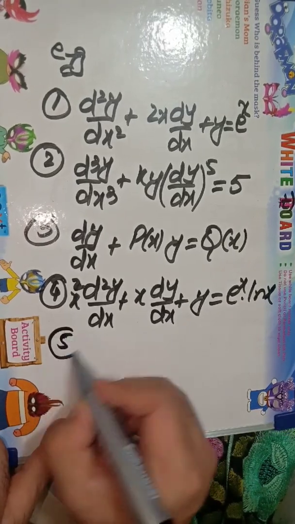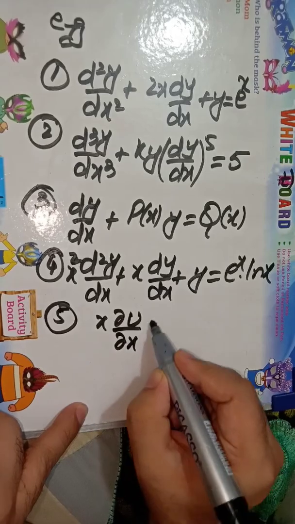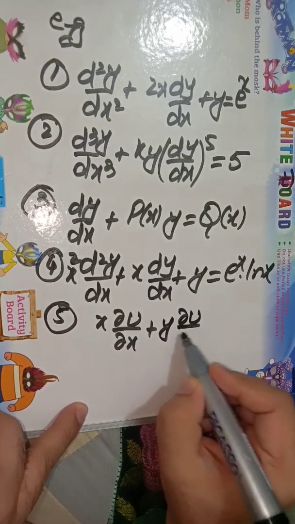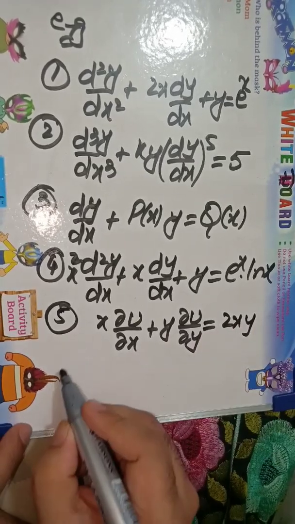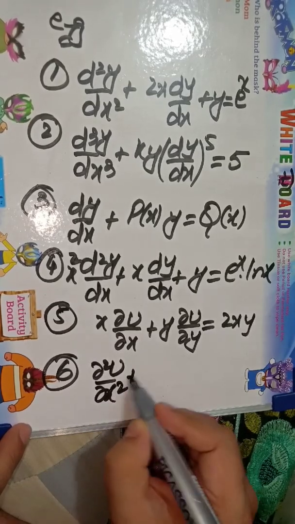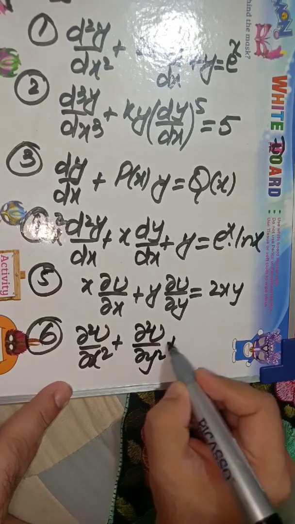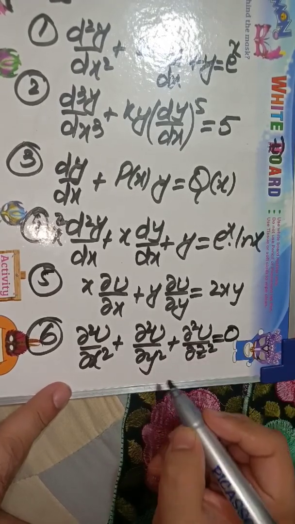Fifth example is x partial u by partial x plus y partial u by partial y is equal to 2xy. Sixth one is partial square u by partial x square plus partial square u by partial y square plus partial square u by partial z square is equal to 0.